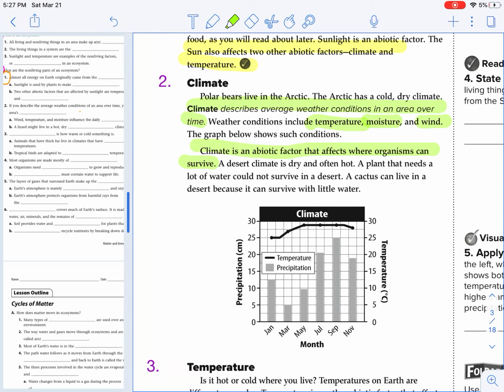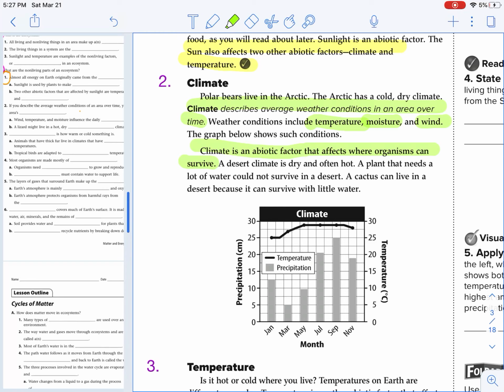A desert climate is dry and often hot. A plant that needs a lot of water could not survive in a desert. A cactus can live in the desert because it can survive with little water. So we'll talk about that a little later, when we get to adaptations. Animals and plants have adaptations to be able to live in the ecosystem best suited for them.